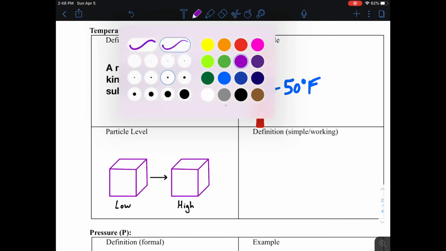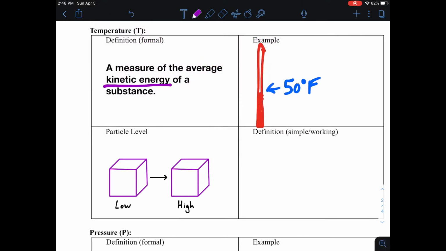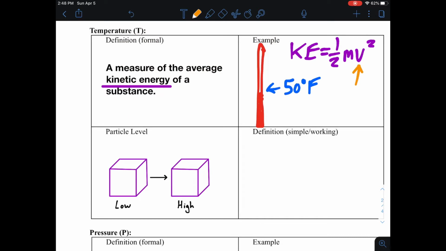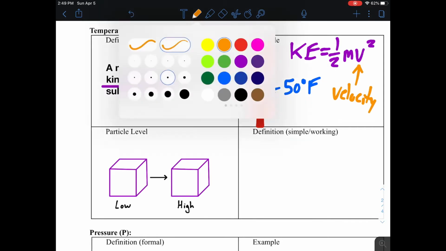Well, when we say kinetic energy, let's actually write down the equation for that. Kinetic energy is equal to 1/2 mv squared. And notably, the v there stands for velocity, like speed. How fast are the particles moving?